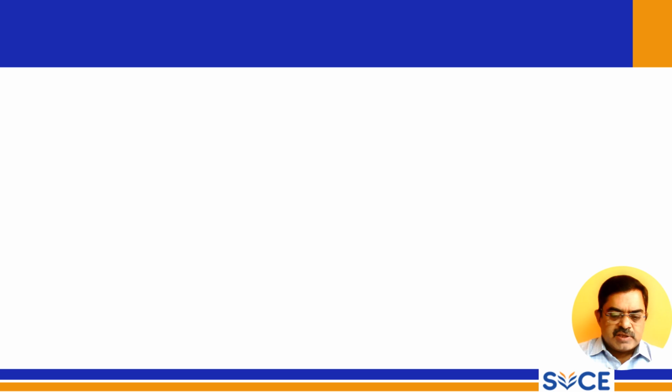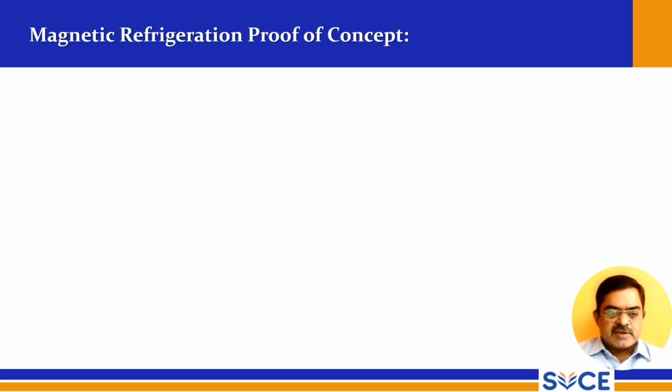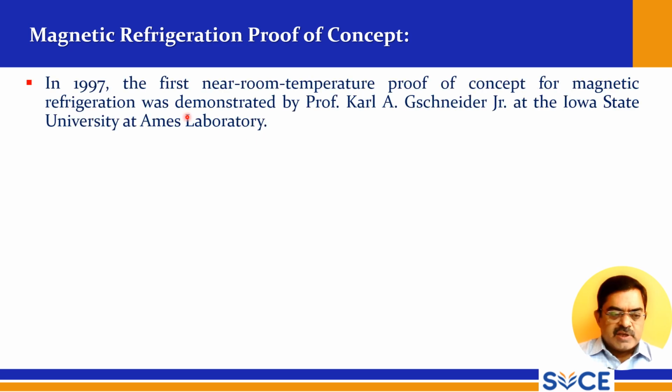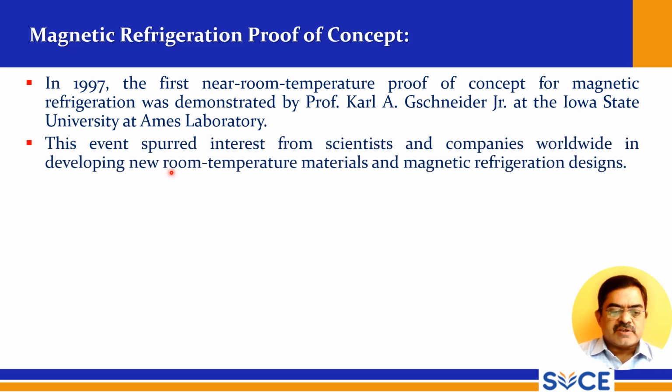So here it has become a proof of concept, magnetic refrigeration proof of concept. In 1997, the first near room temperature proof of concept for magnetic refrigeration was demonstrated by Professor Carl A. Gschneidner Jr. at the Iowa State University Ames Laboratory. And this event spurred interest from scientists and companies worldwide in developing new room temperature materials and magnetic refrigeration designs.